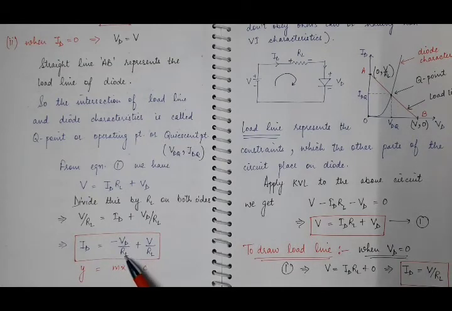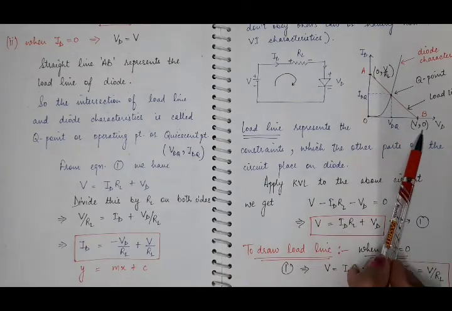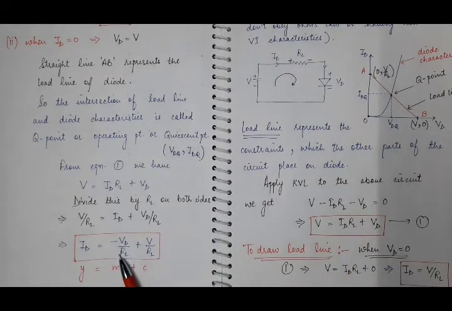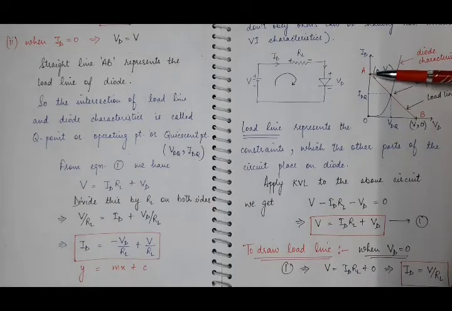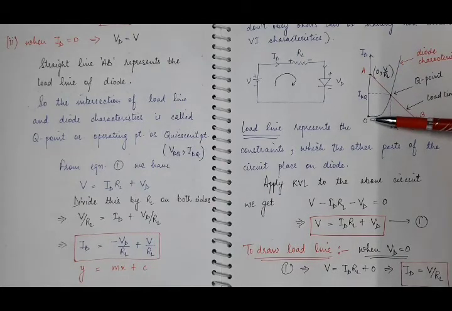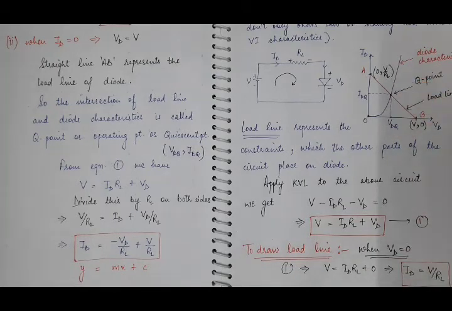So minus 1 by RL represents the slope of the straight line. It means the straight line has a negative slope. And we can see here, this load line has a negative slope and it is equal to minus 1 by RL. And this V by RL represents the intercept of the straight line. So this OA represents the intercept of the straight line, which is V by RL.